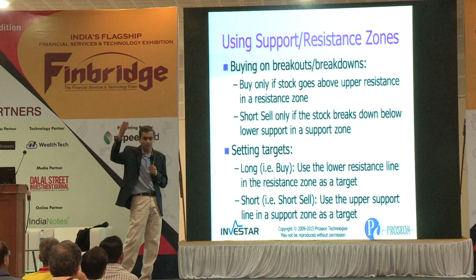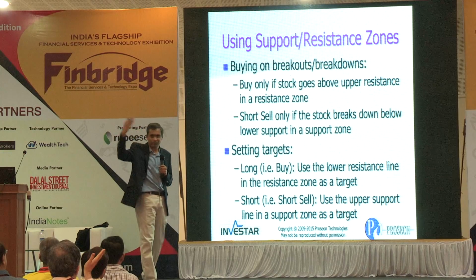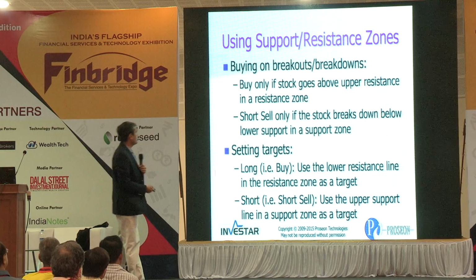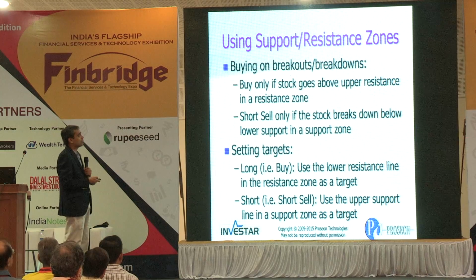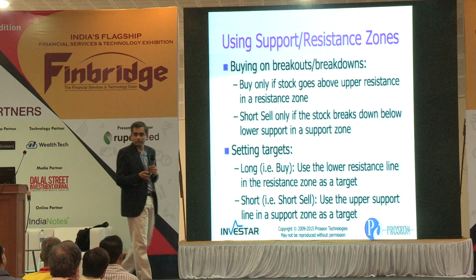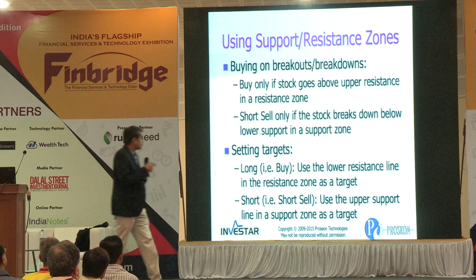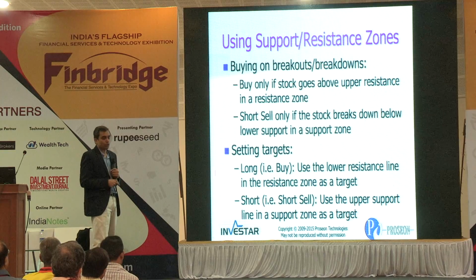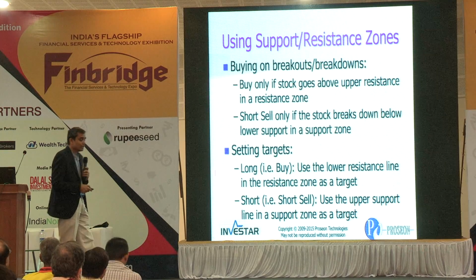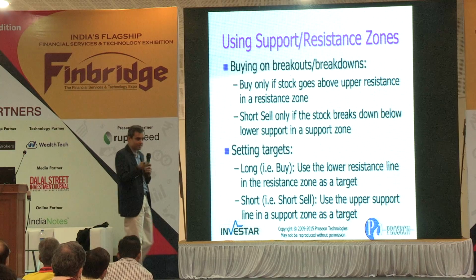Upper, right? You want to wait for the entire zone to be broken before you are safe to buy. That's the idea. So the first thing is buy only if stock goes above the upper resistance in a resistance zone, right? What about shorting? Opposite, right? For shorting, you want to short the stock only if it goes below the lower support in a support zone.